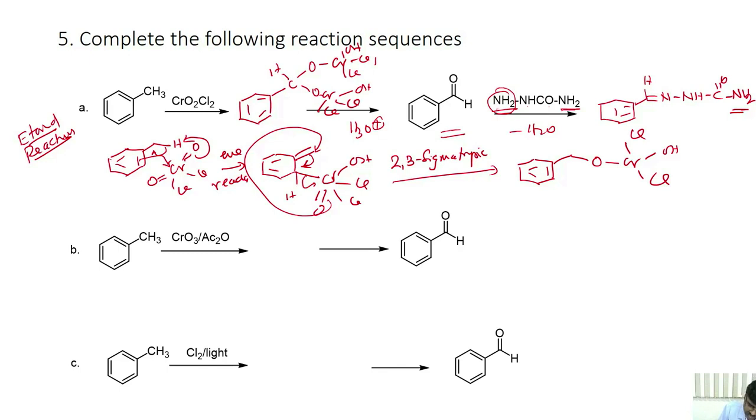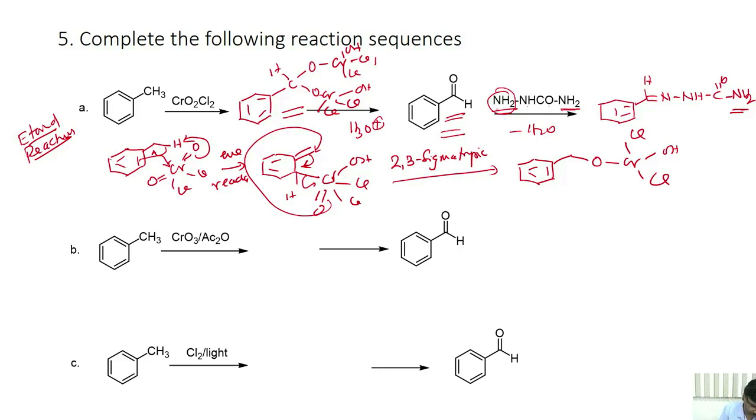So it can undergo further reaction with another equivalent of chromyl chloride to give this chromium complex. Once we have this one, which can undergo hydrolysis to give aldehyde, this aldehyde can be further reacted with this amine to give these imine derivatives.